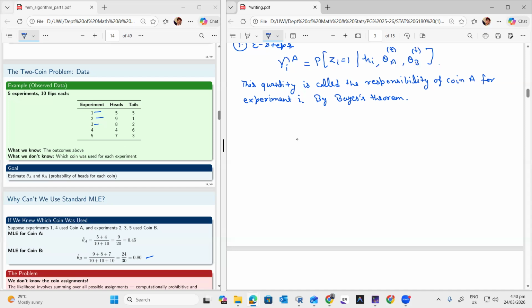So gamma iA will basically be the probability that Zi equals 1 given Hi.